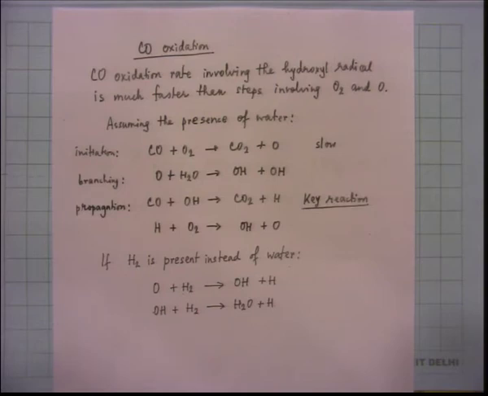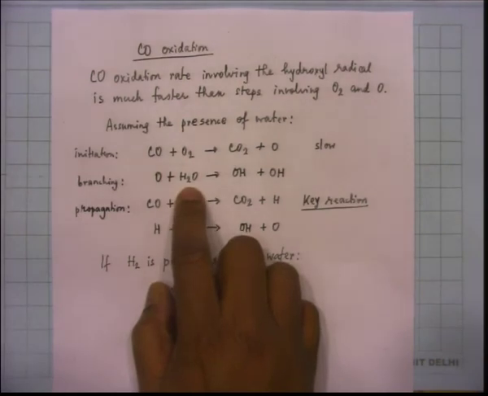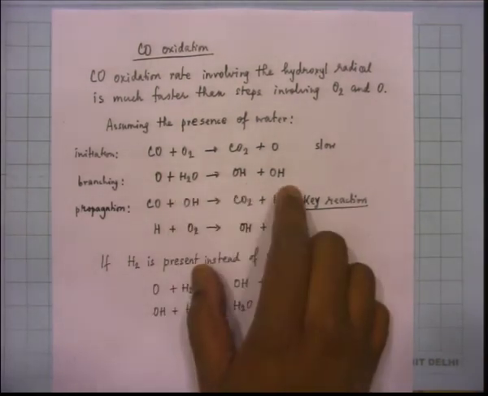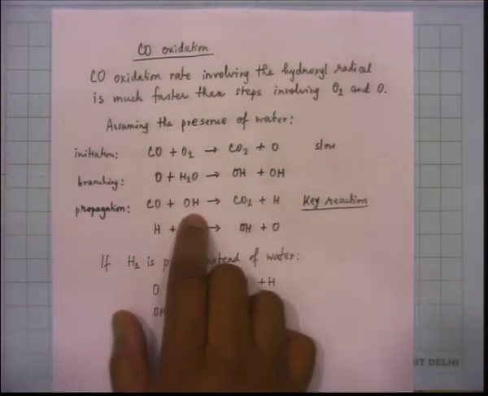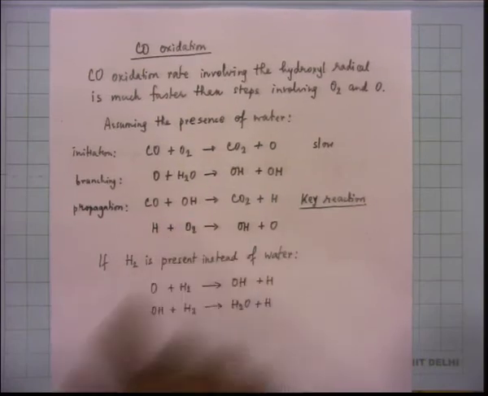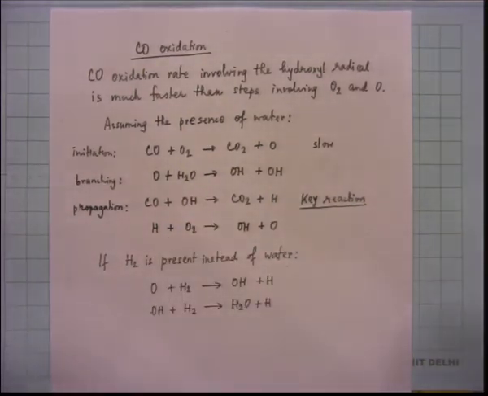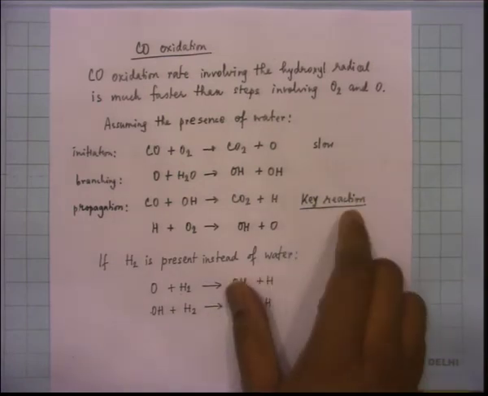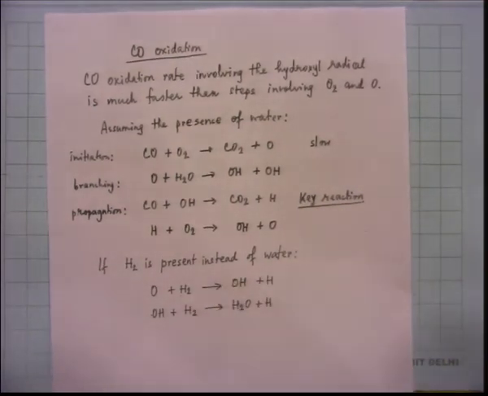Whereas if there is some hydrogen containing species present, let us say there is moisture present. So, the moisture here, this is H2O, will give you OH radical, and that OH radical is responsible for converting this carbon monoxide to CO2 in a reaction which is faster. So, this is the key reaction.